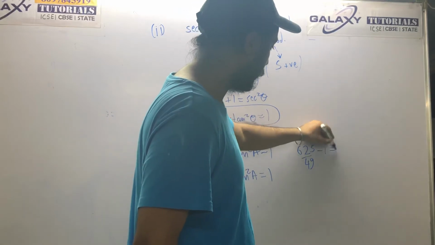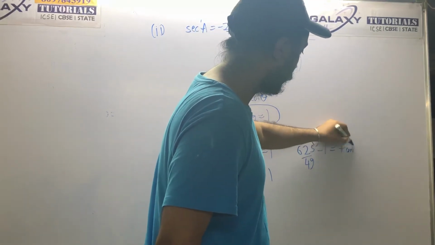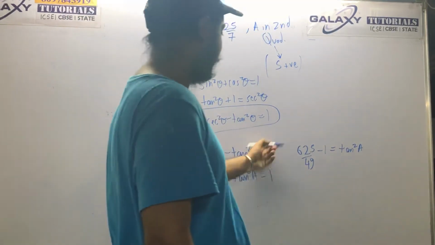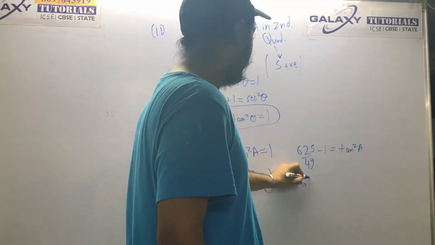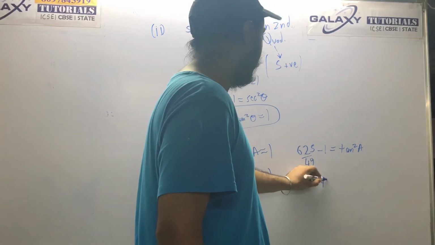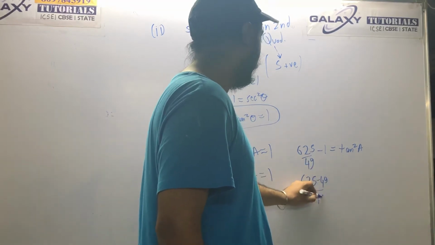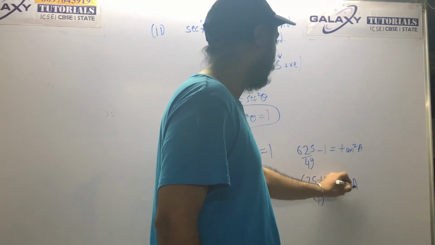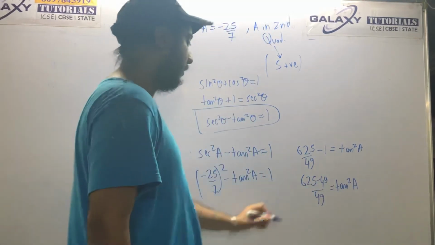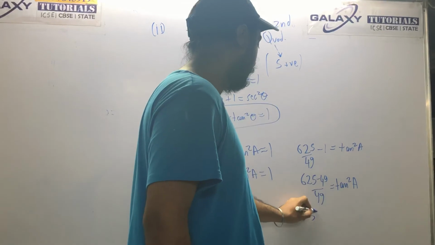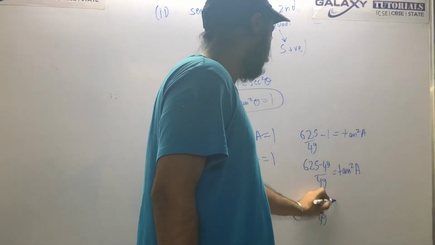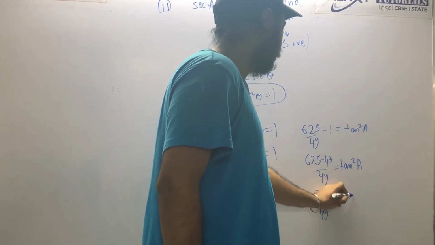Minus 1 is equal to tan square. Now just take out the LCM here. So 625 minus 49 upon 49 is equal to tan square A. So this will be 576 upon 49 is equal to tan square A.